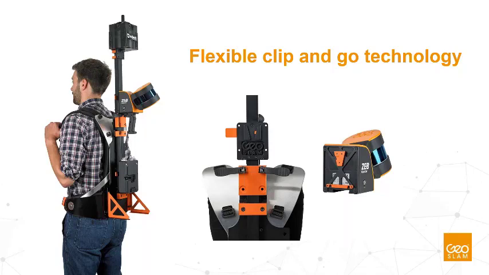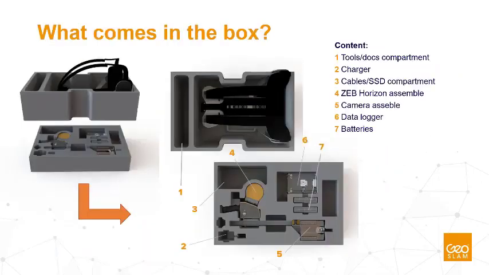When you unclick, you can carry it for the next project just in hand. And then with the next click, you click it, for example, on the car mount, which I showed previously. So this clip and go technology will be the core of our development for future sensors as well.